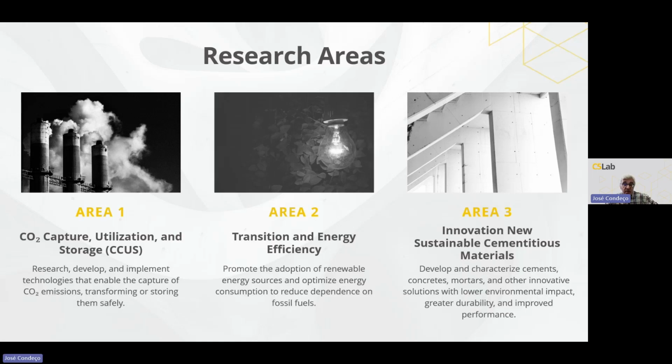Area two is more towards the transition and energy efficiency of the process, so whatever has to do with renewable energies, energy optimization, and the reduction of the dependence on fossil fuels. And area three is more related to the product of the cement plants in itself, so development of innovative new sustainable cementitious materials.